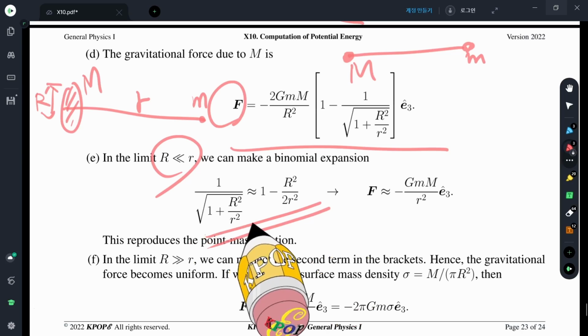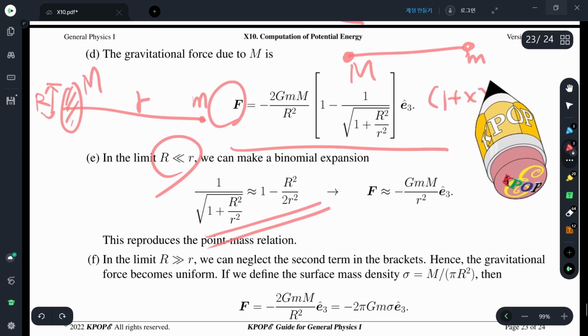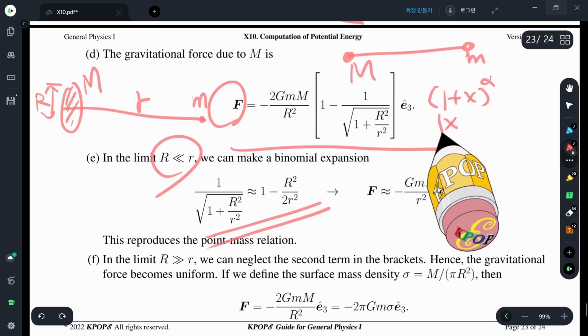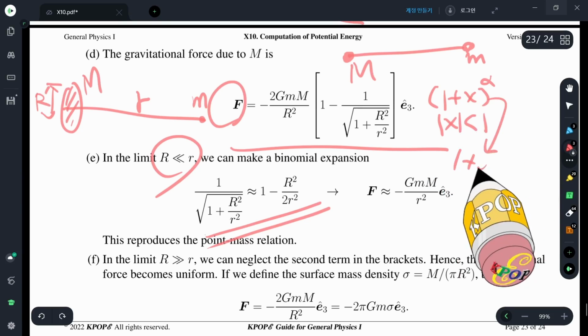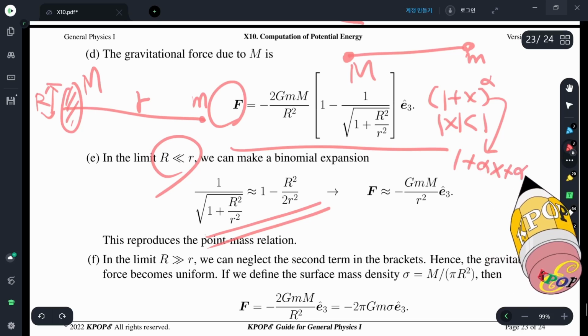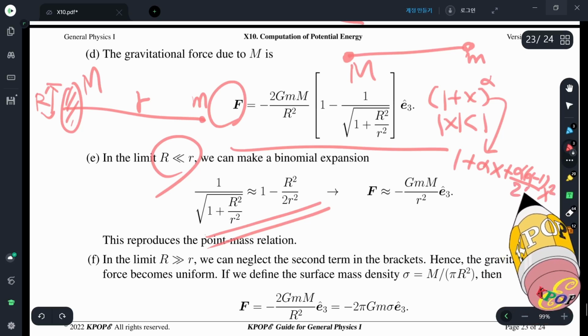This is according to the binomial expansion: 1 plus x to the alpha. When the absolute value of x is less than 1, it can always be expanded as 1 plus alpha x plus alpha times alpha minus 1 times x squared over 2 factorial, and so on.